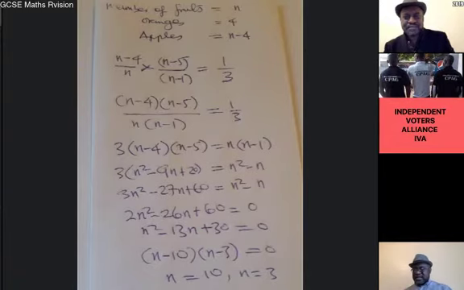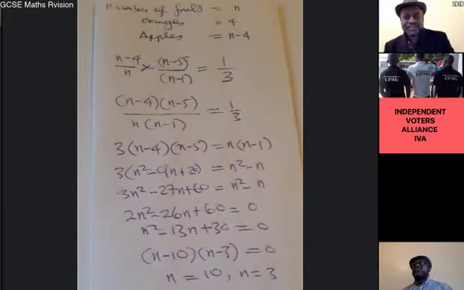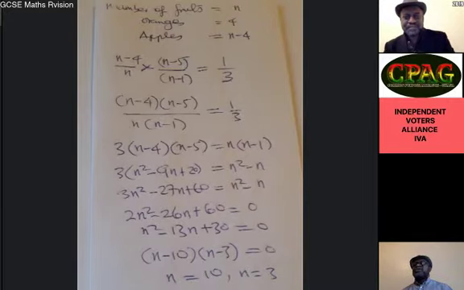So in this case, the probability that you're going to take an apple from the bowl is n minus 4 over n.